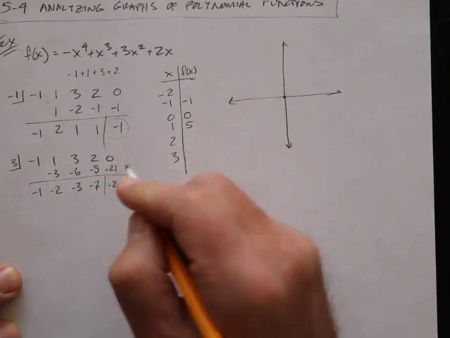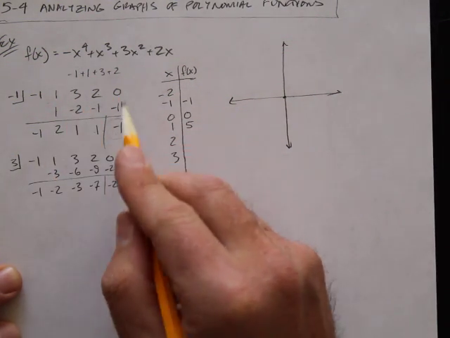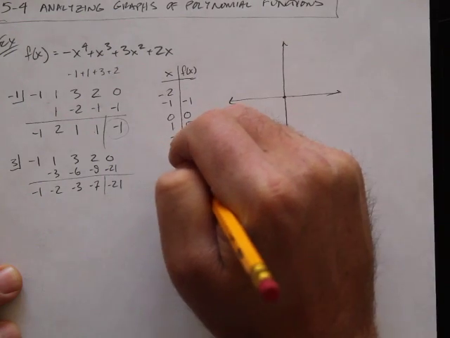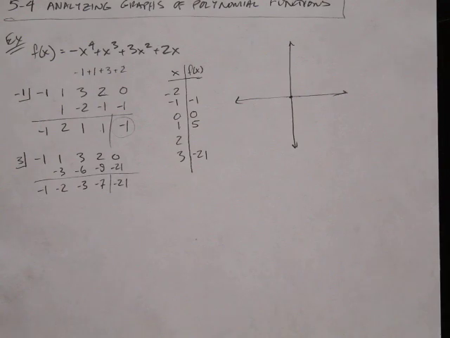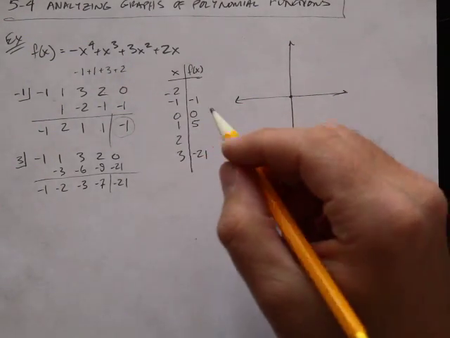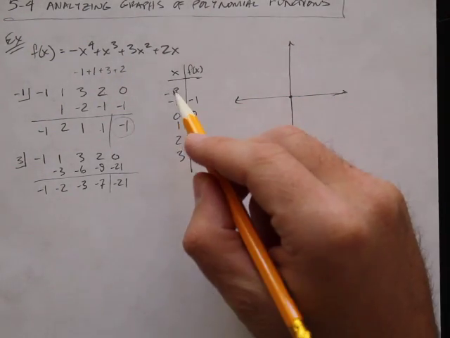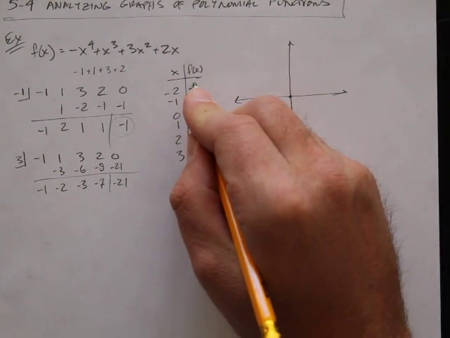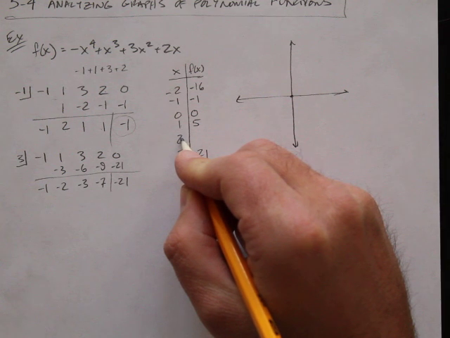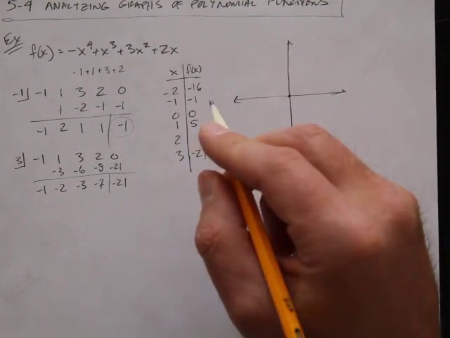So if I plug in +3 in here, I'm going to end up with -21. Now, I'm going to give you some of these other answers. If I plug in -2, then I end up with -16. If I plug in +2, then I end up with 8.